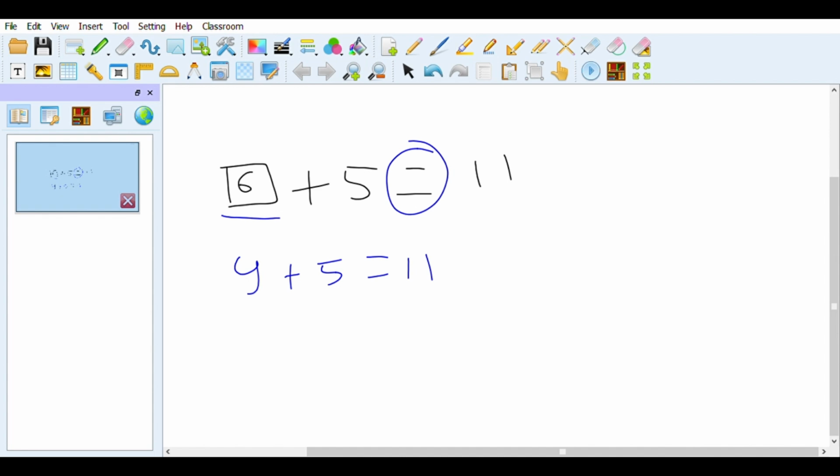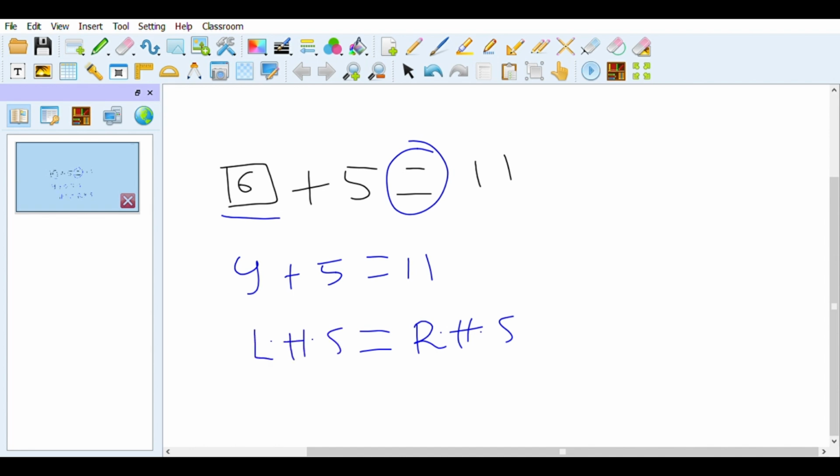Now you can see that an open sentence is an equation. Okay, an equation is a mathematical statement where you have an equal to sign in the middle. You have some things at the right hand side. RHS stands for right hand side, and you have some other things at the left hand side.